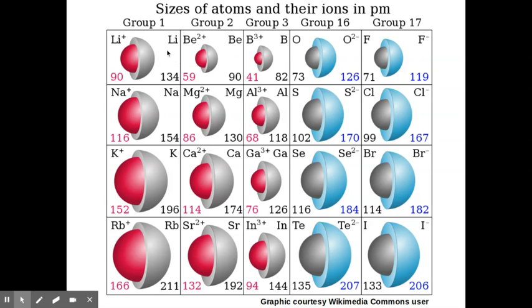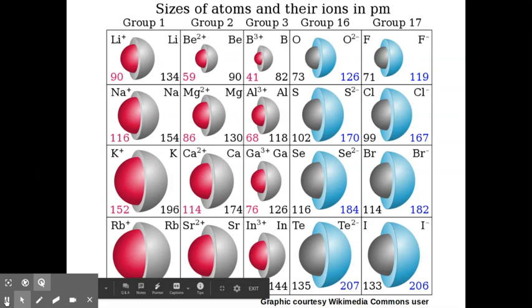As you go across, the lithium ion is going to be smaller than the atom, and the oxygen ion is going to be larger than the oxygen atom was, because its cloud is being held less strongly by the nucleus. All right, we'll stop there, and good luck.